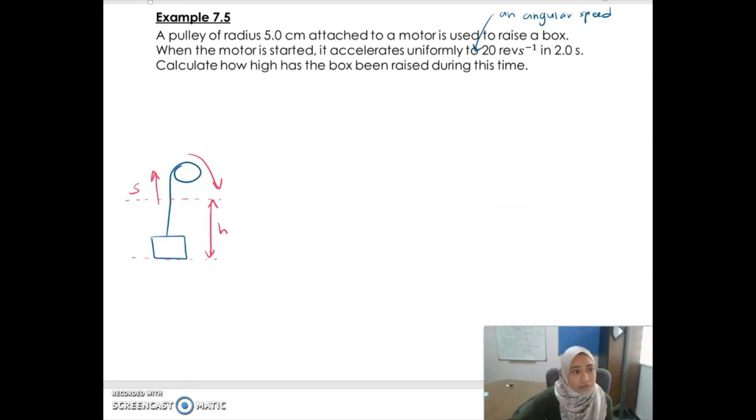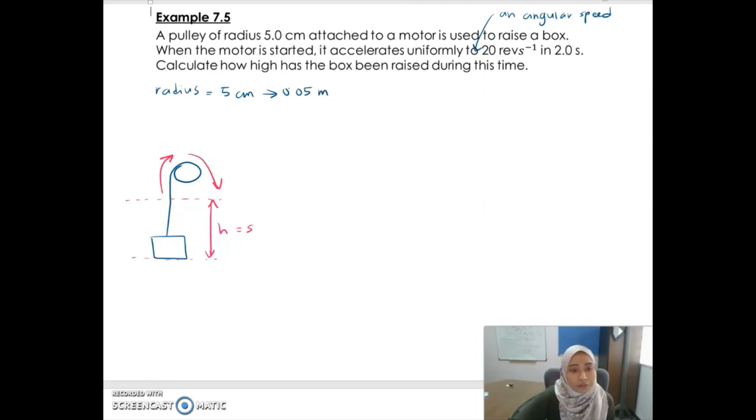Okay, so it goes up. So this goes up, so I have a certain height, right? This height is also s. It's displacement in the y-axis. Okay, so what is the information that I have? So I have radius, which is 5 centimeters or 0.05 meters.